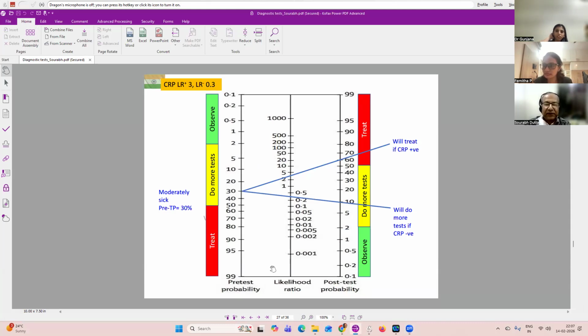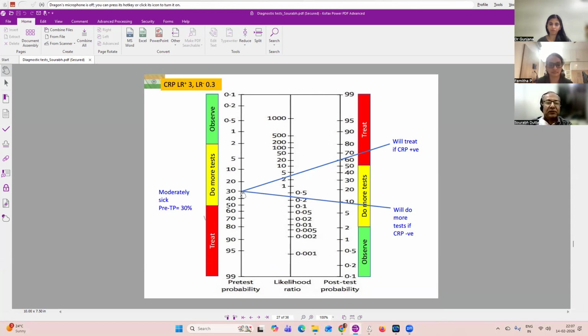So there's this fellow called Fagan who published this nomogram in NEJM years ago, which everyone uses now. It has three vertical lines called the pre-test probability, the likelihood ratio, and the post-test probability.